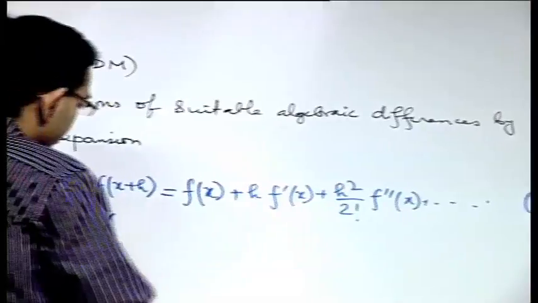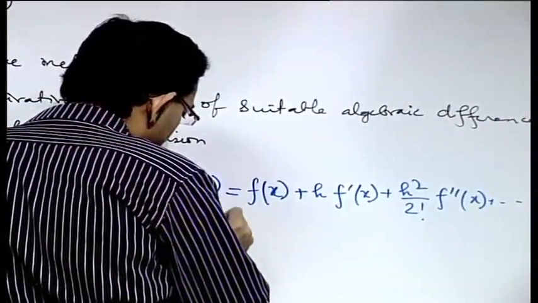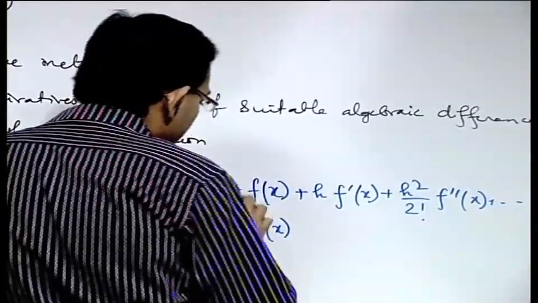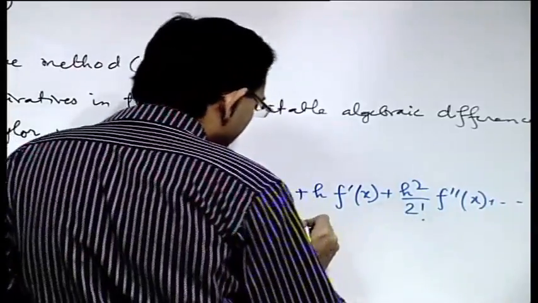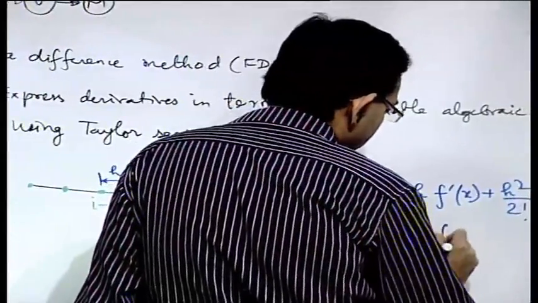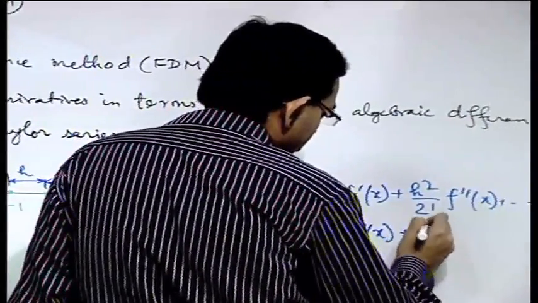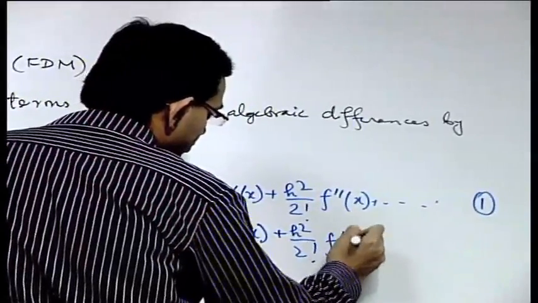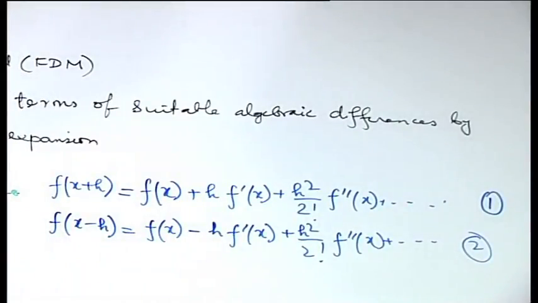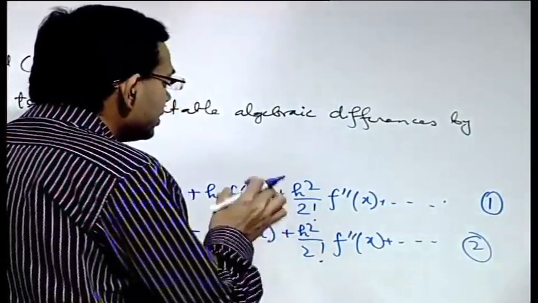Similarly, you could also write f x minus h is equal to f x, replace h with minus h. So this is by keeping the point I minus 1 in mind. Now let us say that we are interested in an algebraic expression for f dash x.